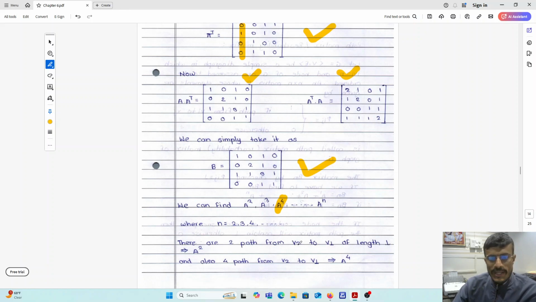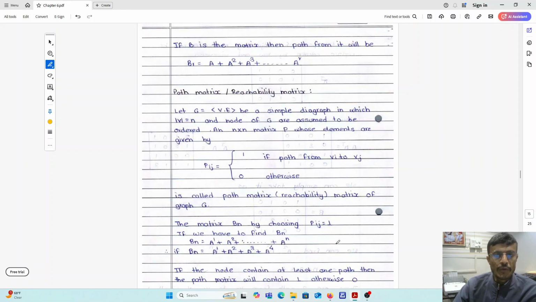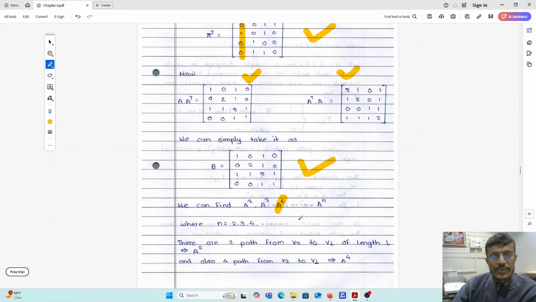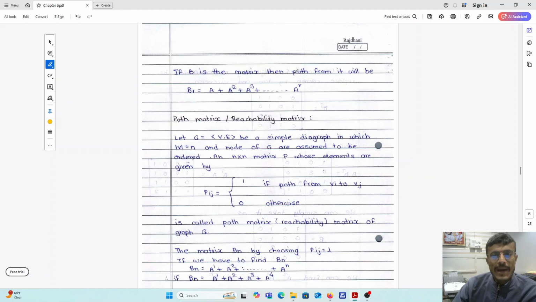If there are two paths from v2 to v1 of length 2, that is represented by A square. And if there are 4 paths from v2 to v1, then it is represented by A raised to 4. And by using this, we can find the path matrix, which is equal to A1, A square, A raised to 3, up to A raised to r.